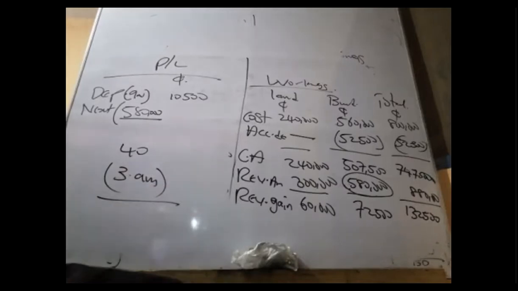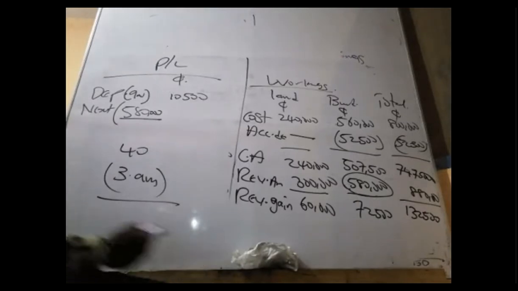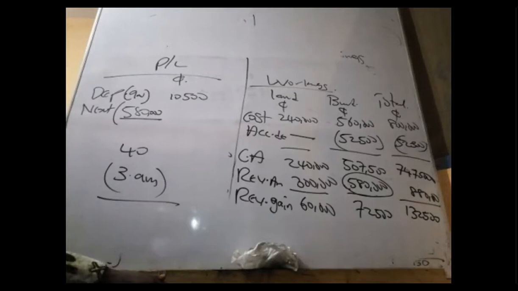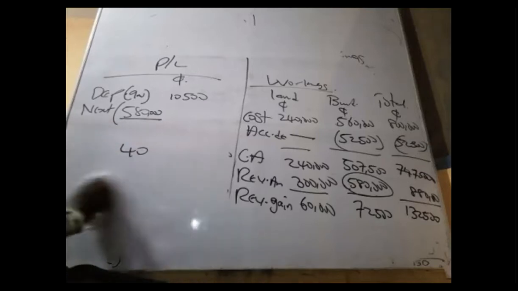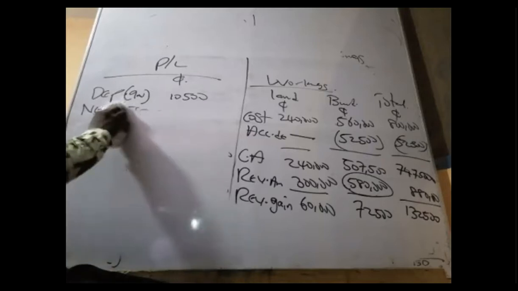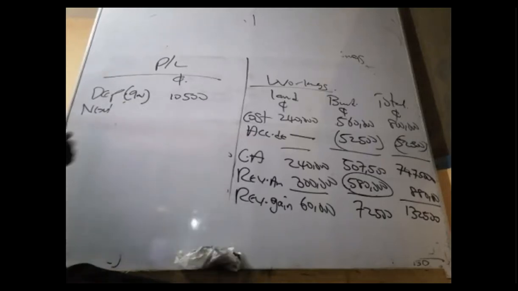So how many years remain? We bought the asset for 40 years. We used 3 years, 9 months. So how many years remain?